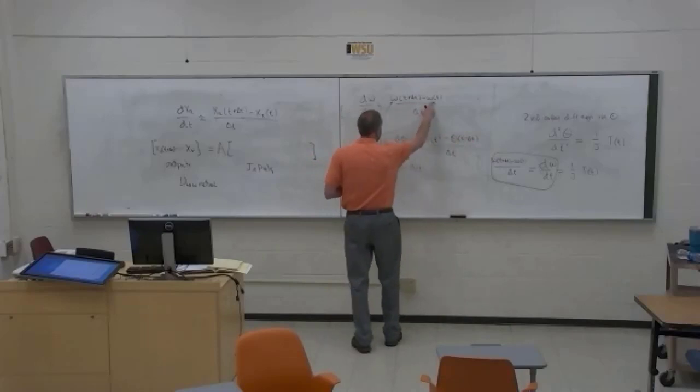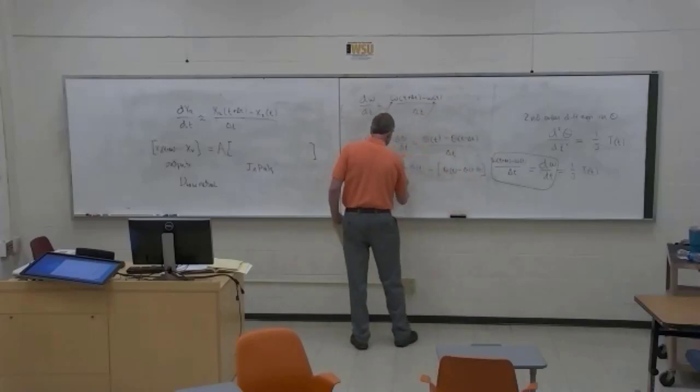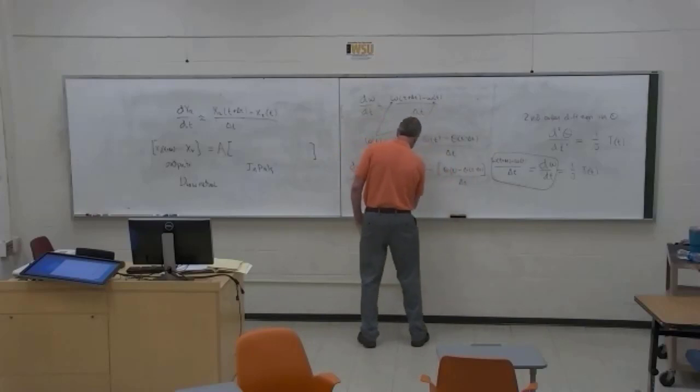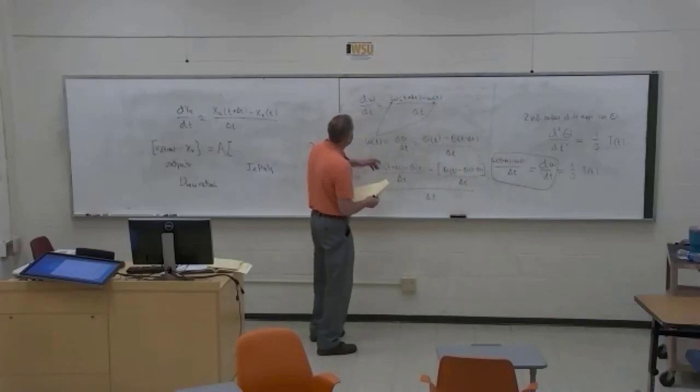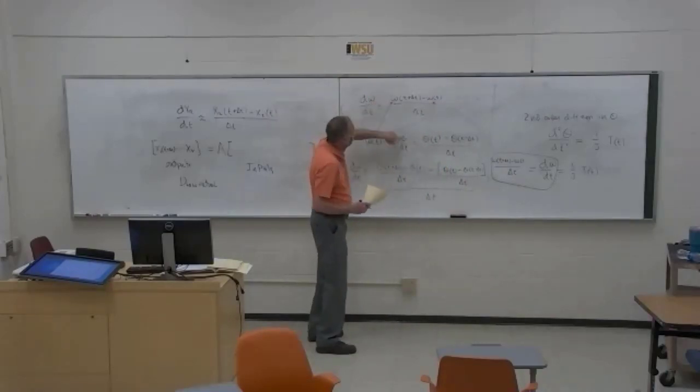And then for omega t, I write in this thing here. I put delta t here, and then I've got a delta t under here. I'm just using this formula for omega in terms of theta and sticking it in up here.